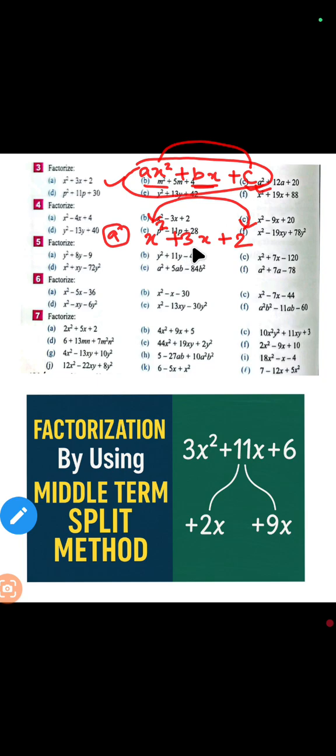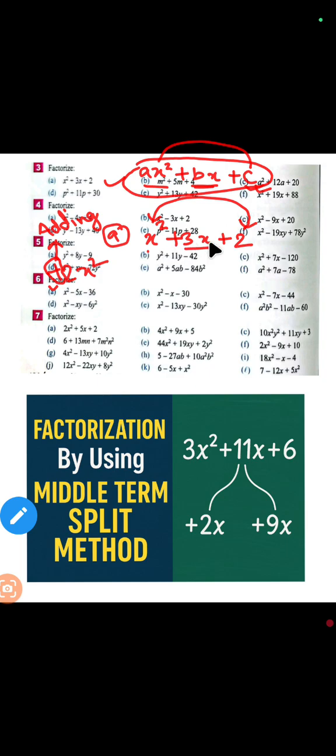When we multiply x squared by plus 2, the result will be plus 2x square. The sign in front, plus, tells us how the middle term will come, by adding or by subtracting. Plus indicates that we have to bring the middle term by adding. It means we have to add two terms that should make 3x.